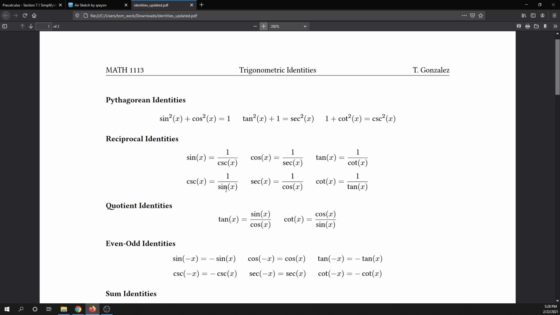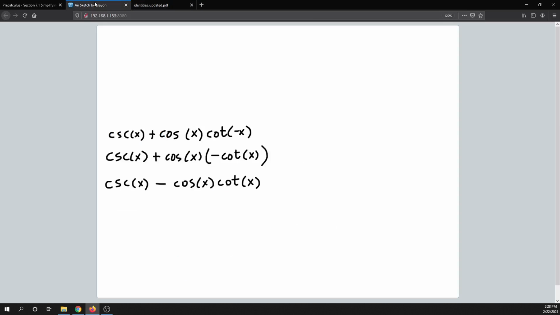And cosecant is 1 over sine. So those are the two identities that I want to use here. All right, so I'm going to write cosecant as 1 over sine x and I'm going to write cotangent as cosine x over sine x, like so.